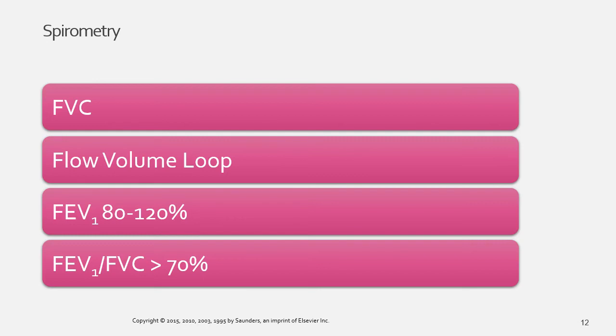Obstructive diseases produce a concave shape or scooped out flow volume loop. Most restrictive defects in children are related to abnormal chest wall configuration or neuromuscular weakness. Caution must be used in describing restrictive and obstructive lung disease on the basis of spirometry alone, because complete lung volumes are not measured.